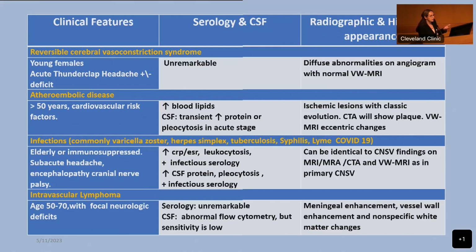You can see a plaque in your CTA. In RCVS, which is a vasospastic condition in the brain, present mainly in young females with acute thunderclap headache, your CSF is normal. Your vessel wall imaging does not show enhancement, but you have this diffuse abnormality in the angiogram. Your infectious CNS vasculitis could be the same as CNS vasculitis.